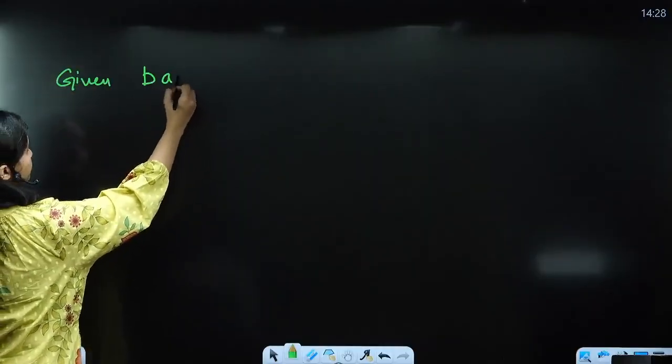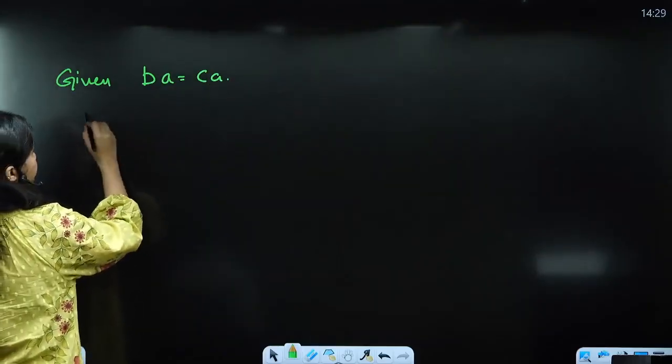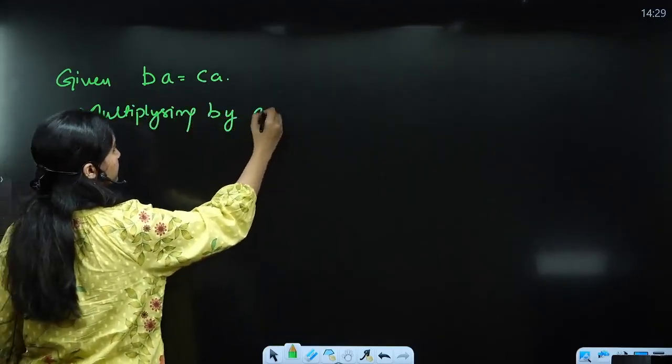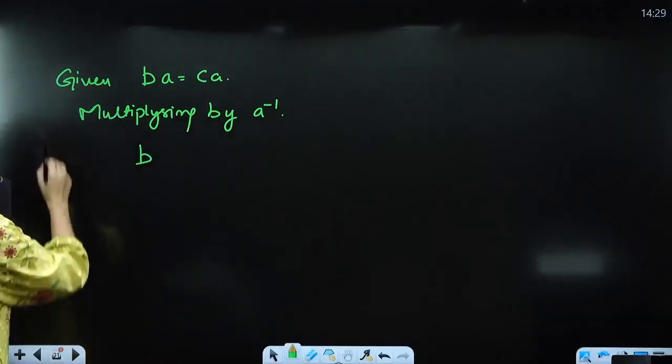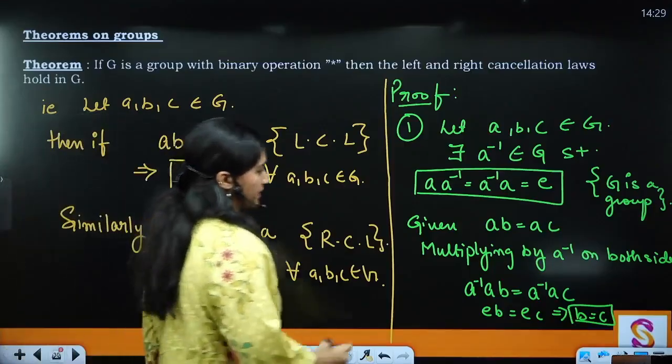Given ba equals ca, right? Multiplying by a inverse on both the sides. So I can write post multiplying here, and there I can write pre multiplying.